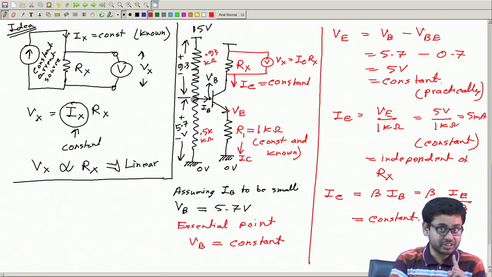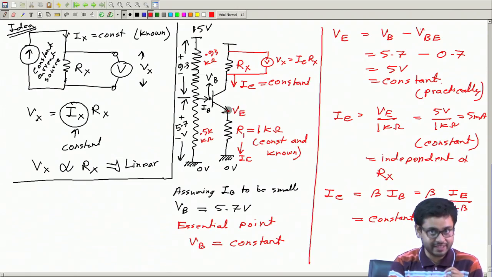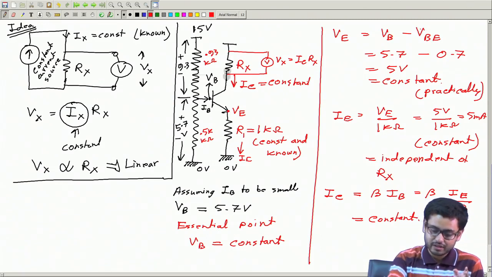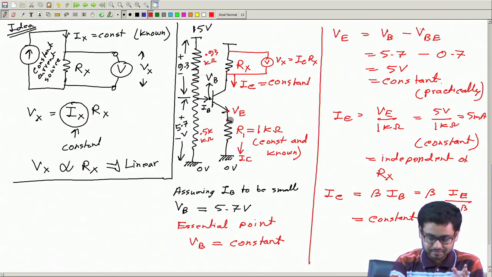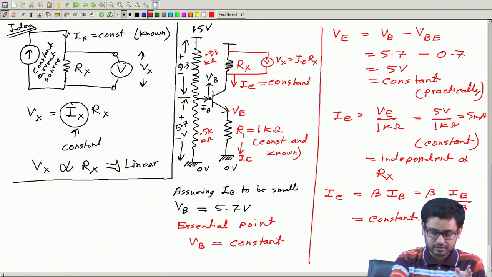We have applied a constant voltage at the base. We know the base emitter drop is constant, so the emitter voltage is constant, and this resistance is constant, so this current is constant. Practically this current and this current are quite close, because IB plus IC is IE, and if IB is small, I can think that these two currents are the same.